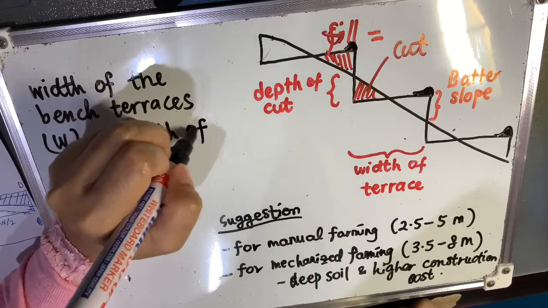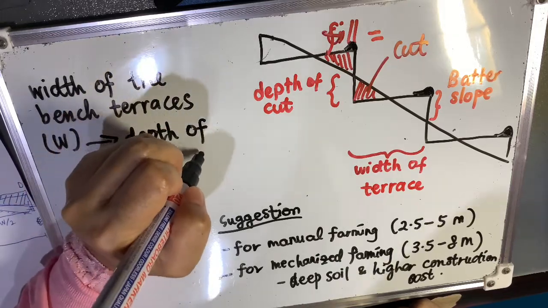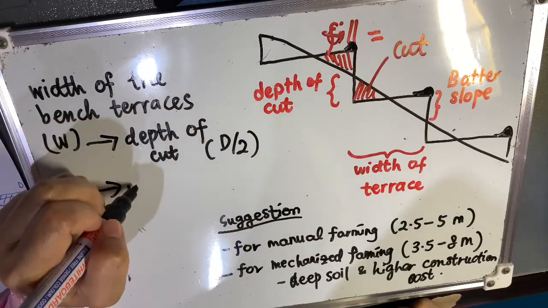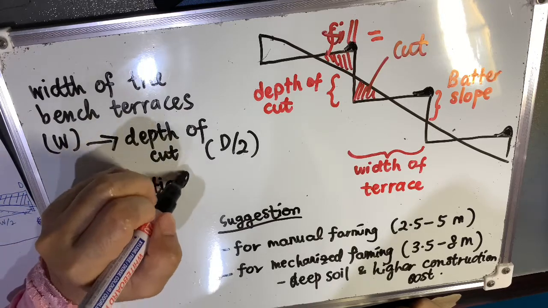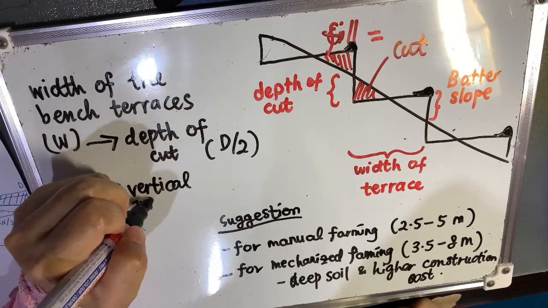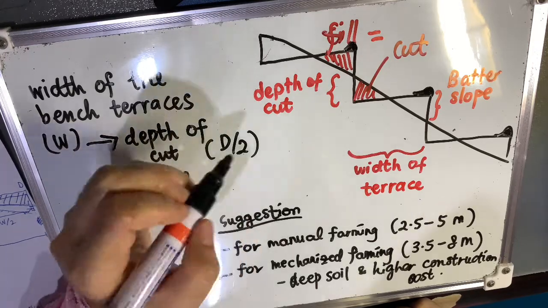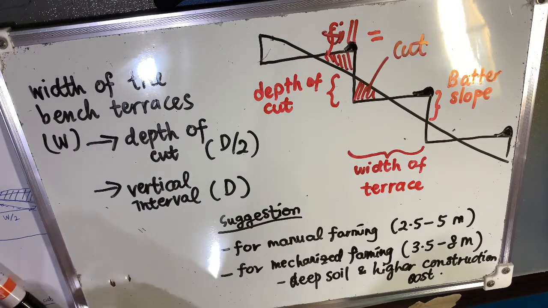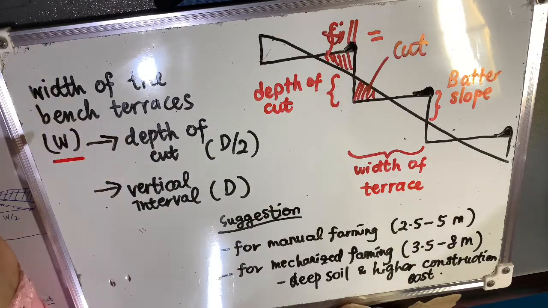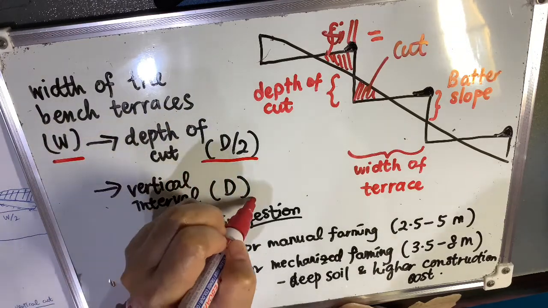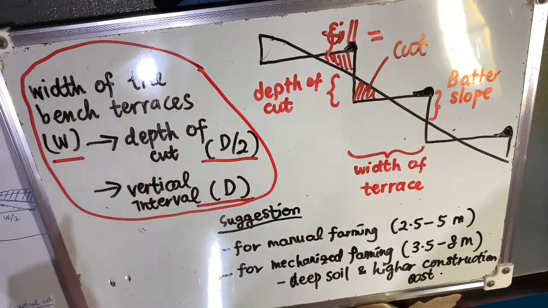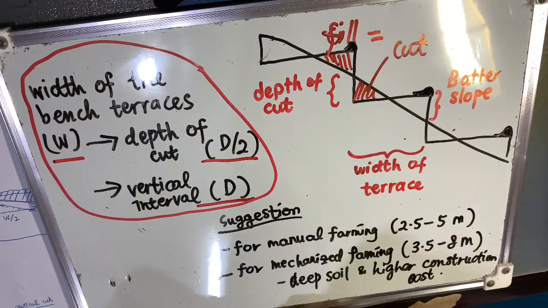So the depth of cut is D over 2, and then the vertical interval is D. So the width, the depth of the cut, and the vertical interval are the ones that we will determine. Let's see how.